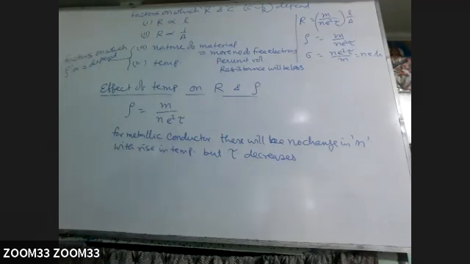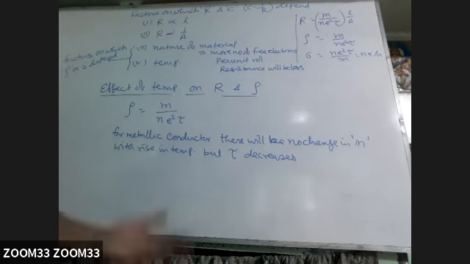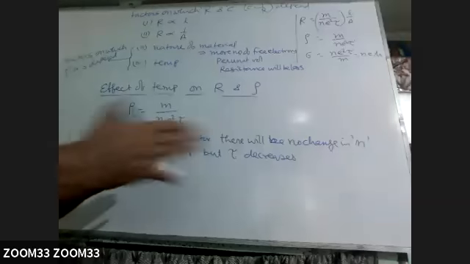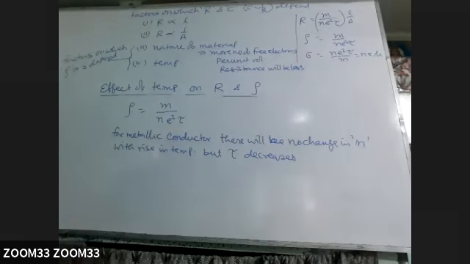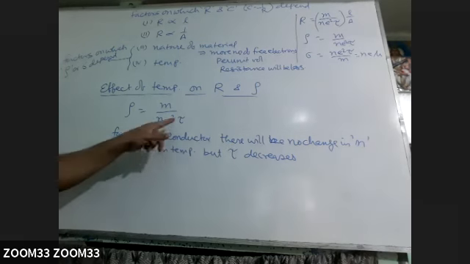So when there is rise in temperature, naturally what will happen? The average speed of free electrons will increase. Kinetic energy of all the free electrons will increase. Kinetic energy increases, that means velocity increases. If velocity increases, then within two collisions, while moving from one atom to another atom for colliding, the time will become less. So with rise in temperature, this tau decreases.